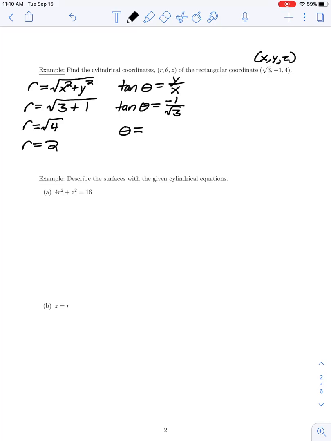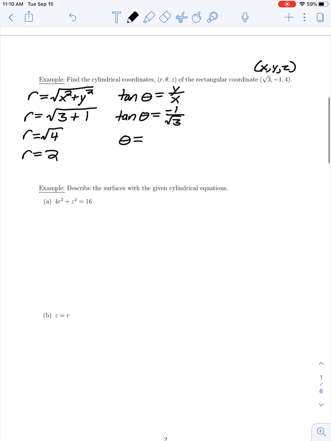So here the fact that tangent of theta is negative means that we lie either in the second or the fourth quadrants. So to find these angles, well, if we're very familiar with the unit circle, we might be able to read them off immediately. If not, we can try to sketch reference triangles that have these desired side lengths.